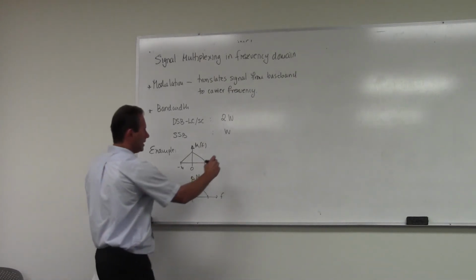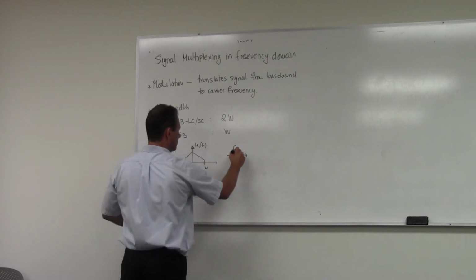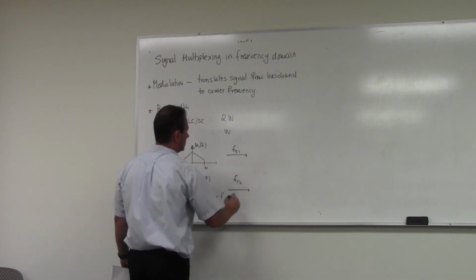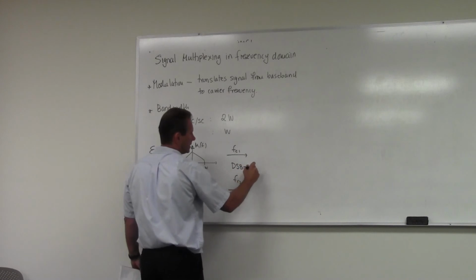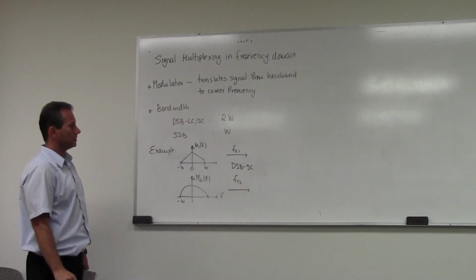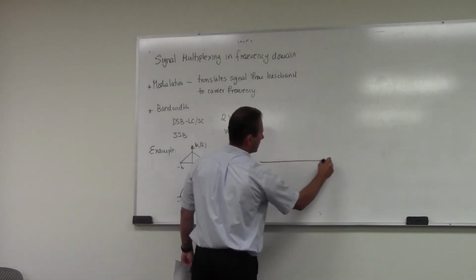Let's say I take this one and I use the frequency FC1 to modulate, and use FC2 to modulate this one. And let's say I use double sideband suppressed carrier, just for the sake of example, so that my pictures are easy to draw.